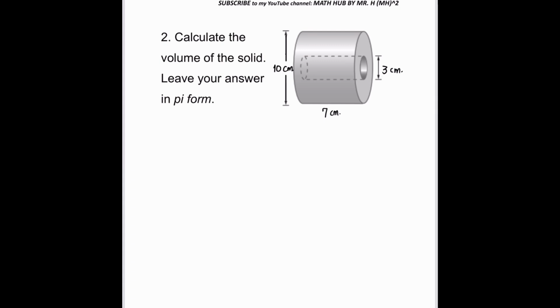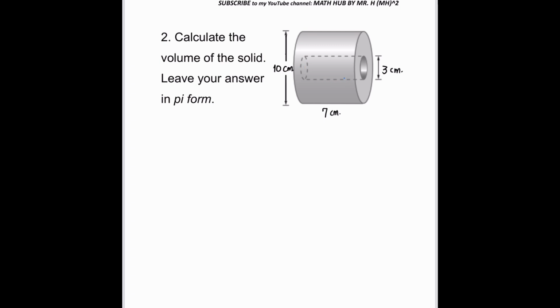So what we need to do here is we need to calculate the volume first of the bigger cylinder, which is the one outside. After calculating that, we will calculate also the volume of the cylinder inside, but that was actually taken out of it, right?